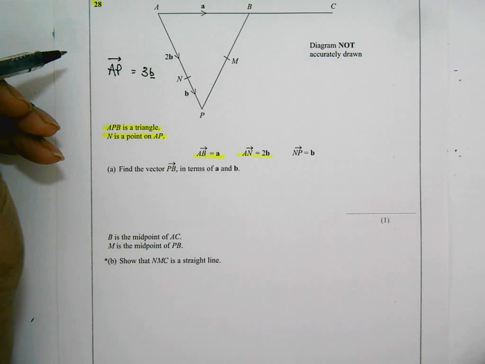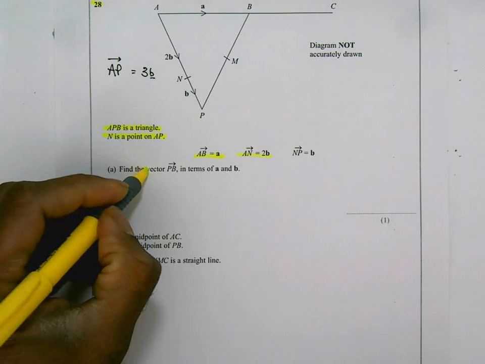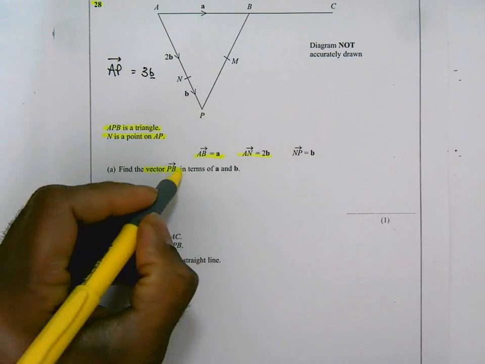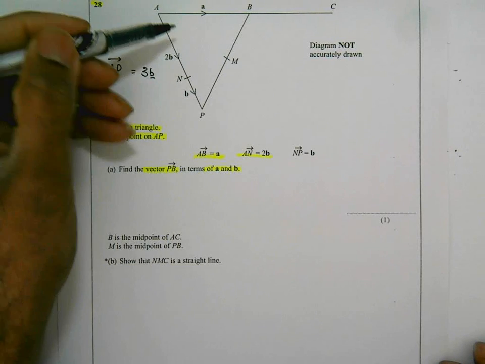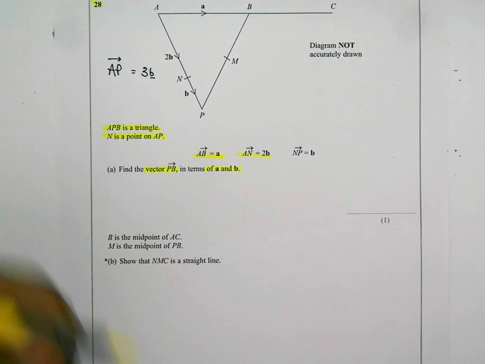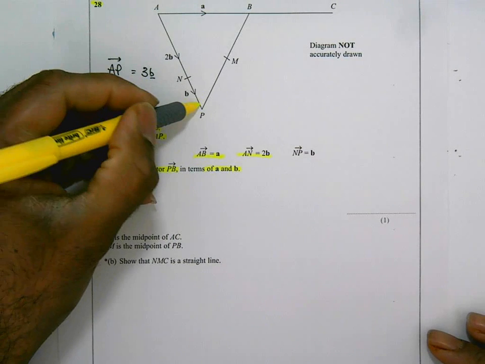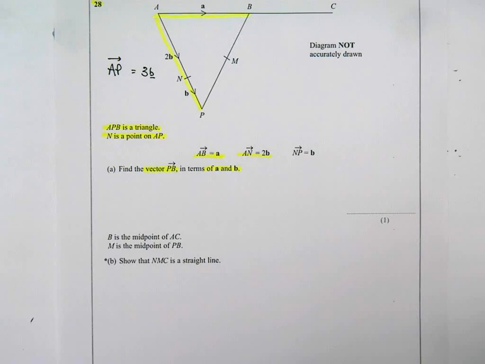Now, reading the first part, part A says find the vector PB in terms of A and B. So the vector from P to B. To get from P to B, I need to travel from P to A and then A across to B. So I'm going to write that in here.